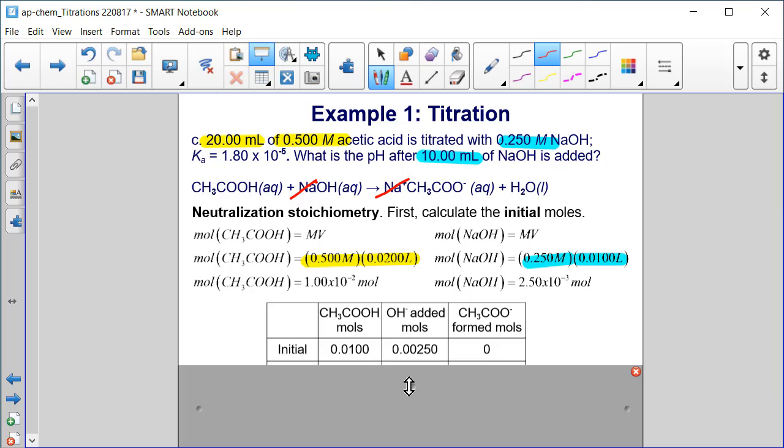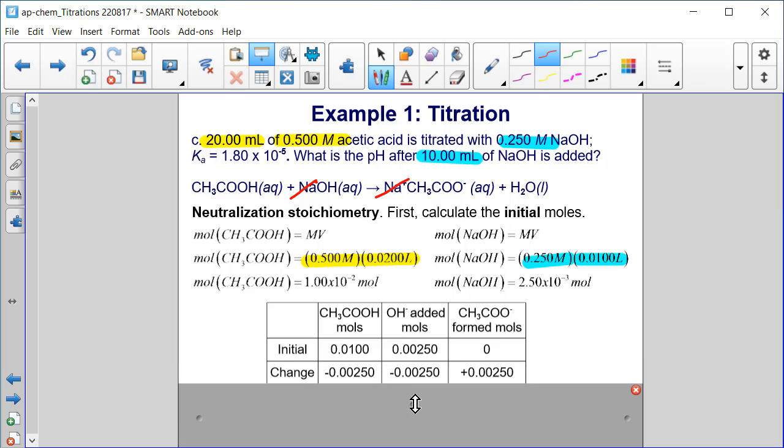Okay, so what is the change? Well, all of the hydroxide reacts because we're before the equivalence point, right? So there's enough hydrogen ion to react to use up all of that hydroxide. So the change is a decrease of 0.0025 moles of hydroxide. That's how many moles of the acetic acid reacts.